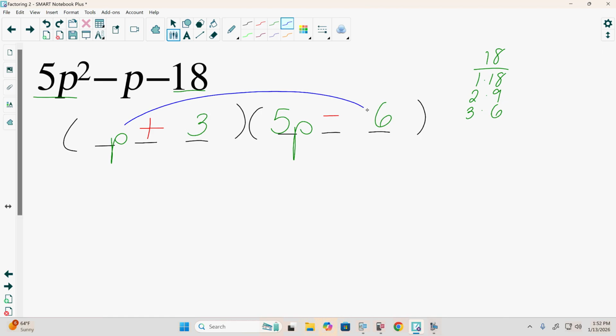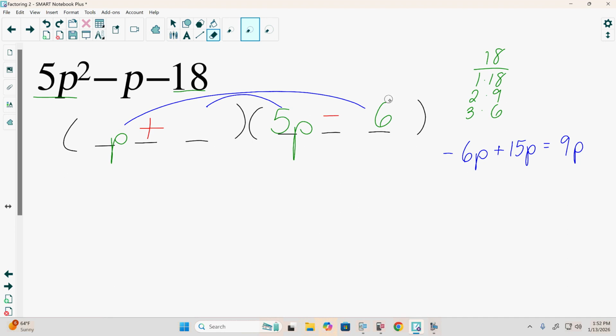So if we check this here, p times negative 6 would be negative 6p. 3 times 5p, 3 times 5 would be positive 15p. Negative 6p plus 15p would be positive 9p, not what we want. So I'm going to switch the 3 and 6 around before we go to 2 and 9.